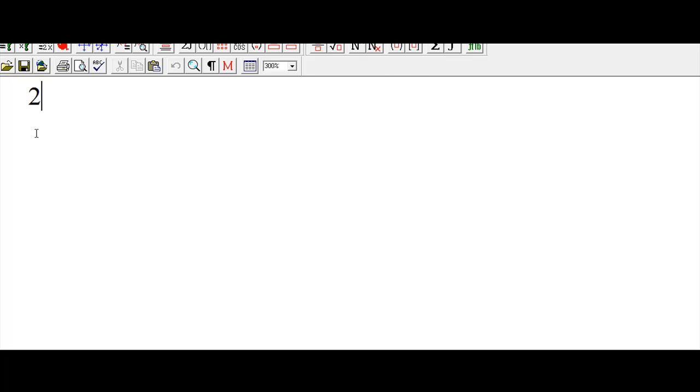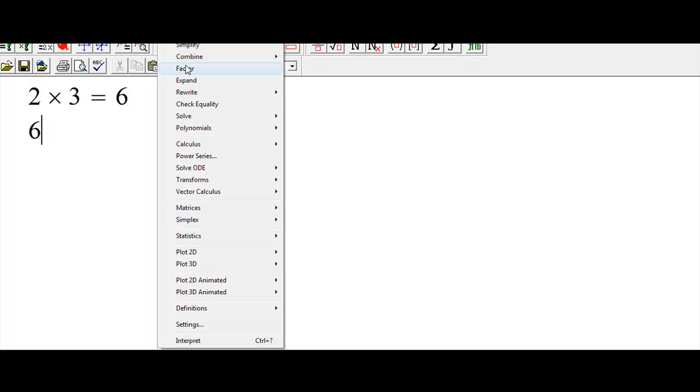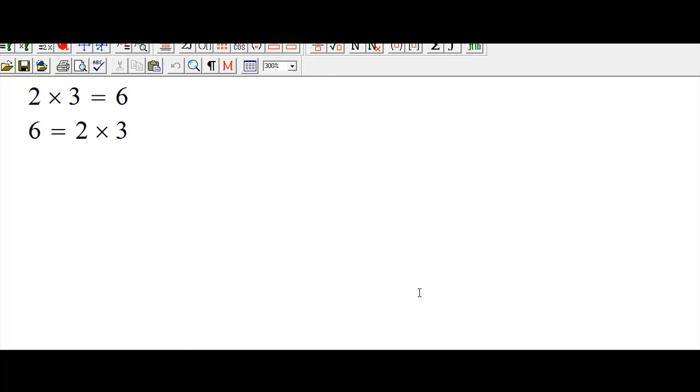You know this 2 times 3 is 6, right? And if somebody wants me to factor 6, what would I do? I'll just do the opposite thing. 6 is 2 times 3. See, the computer did it for me, right? Everybody clear? Okay. Makes sense? Good.